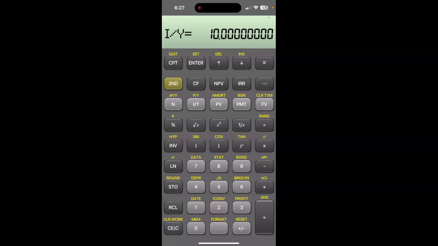Present value is given, so it will be plus or minus. PMT is what you need to find, and future value will be 0. Then compute PMT, and you will see that you get 641.94 as your regular payment.